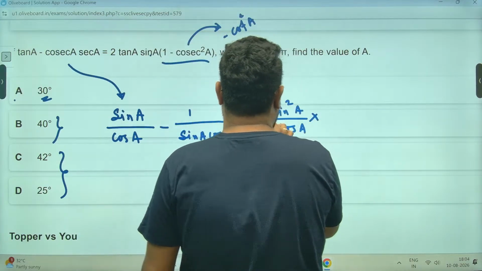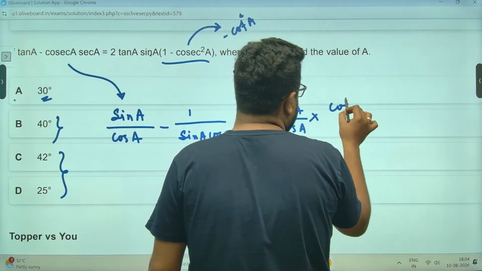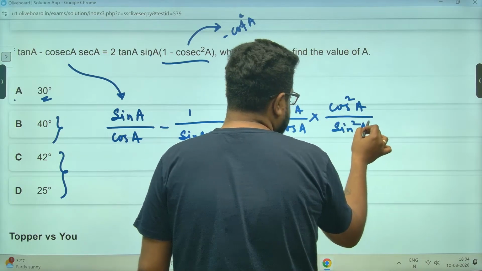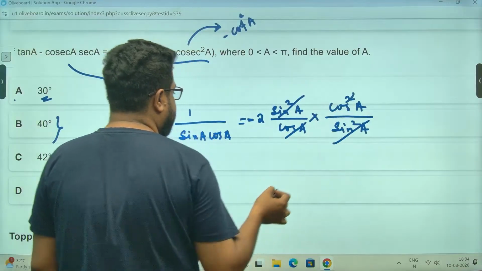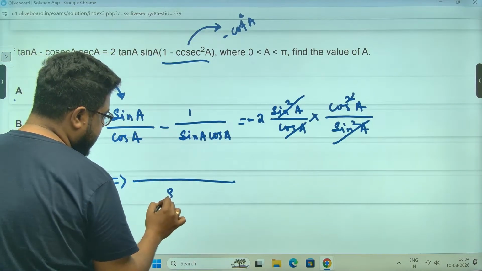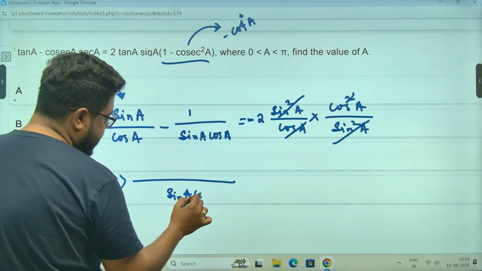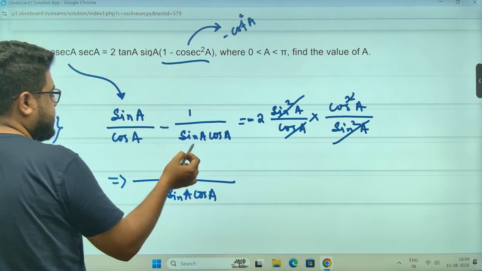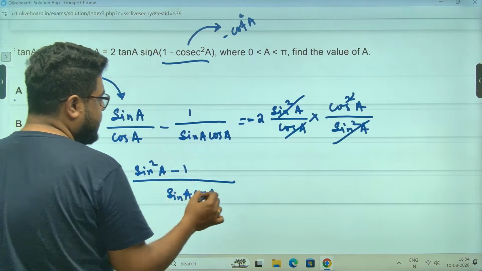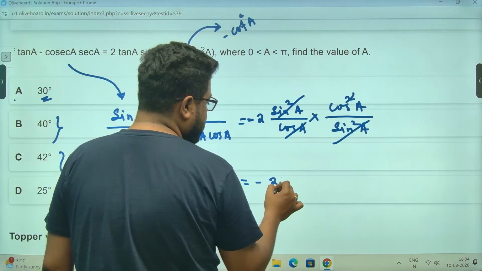So minus of minus I'm putting here, cos square A by sin square A, sir. This square cancels. I can say sin A cos A is the LCM. This will be cos A sin square A minus 1, which is equal to minus 2 cos A, sir.